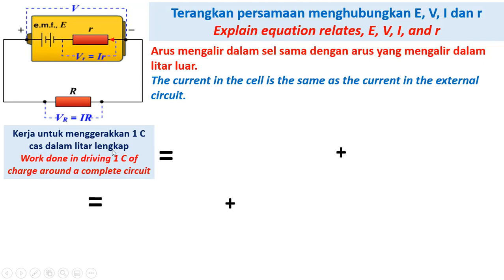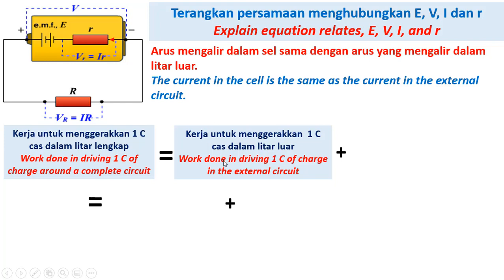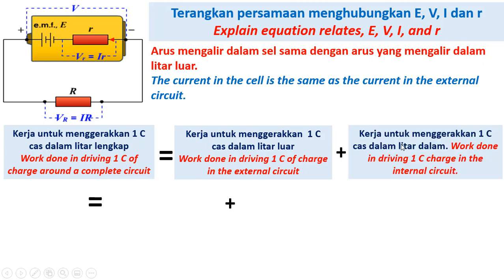This is the EMF, which is divided into two. One goes to R, another is left behind in the battery as heat energy. The work done in driving 1 coulomb of charge in the external circuit is 2.4 volt, from the 3 volt just now, so this one becomes 0.6 volt.